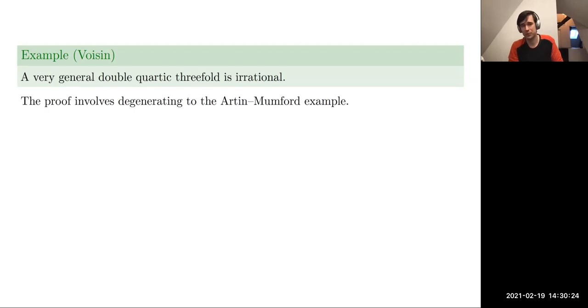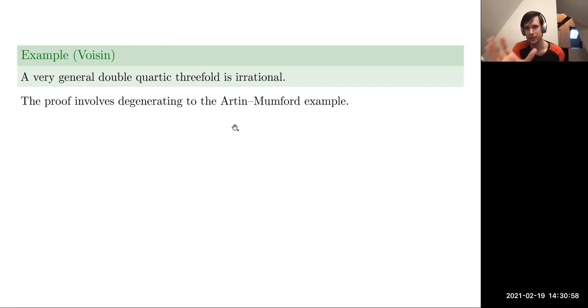And we can prove this very easily using the previous observation. We just degenerate to the Artin-Mumford example. The Artin-Mumford example is also a double quartic threefold, but now it's of course singular. And the main point is that this Artin-Mumford example has a non-trivial Brauer group, so it's not stably rational. And from there we're basically done.